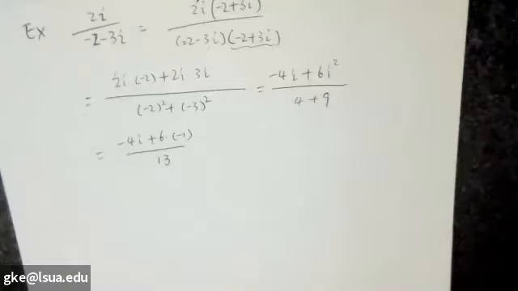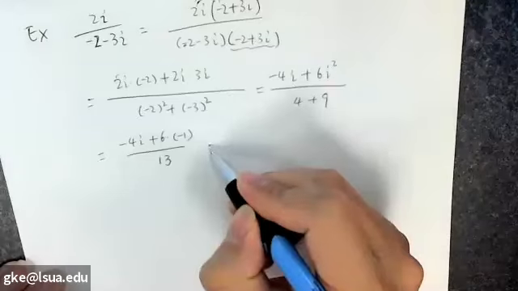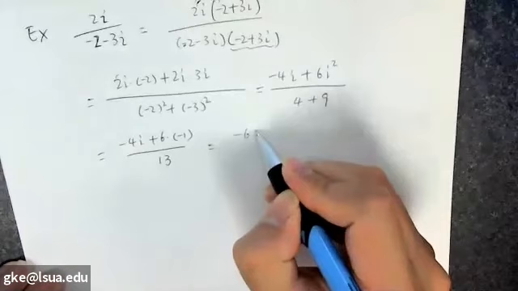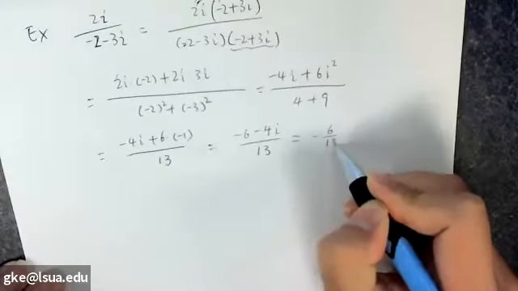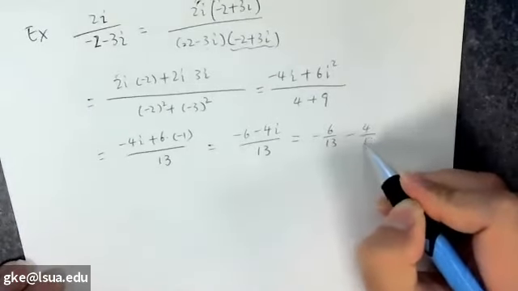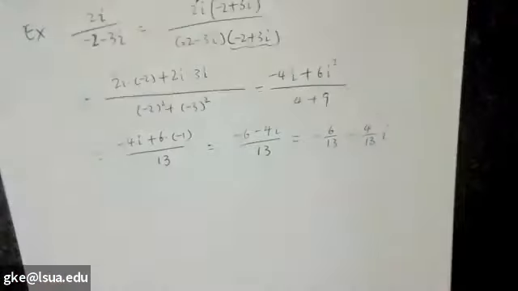So we have (-6 minus 4i) over 13. Spread these two. Very straightforward, okay?